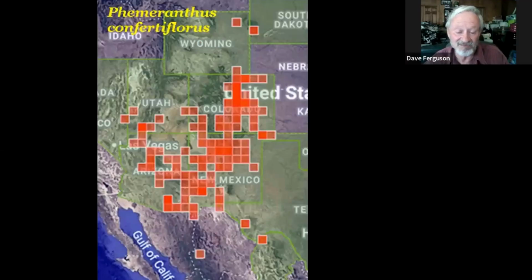So moving on to the subgenus Phemeranthus, or the section, the first species that we come to are smaller species with small flowers. And my slides got a little out of order here. So the section Phemeranthus slide is, oh, I'm sorry, I'm confusing myself. There is no such slide.